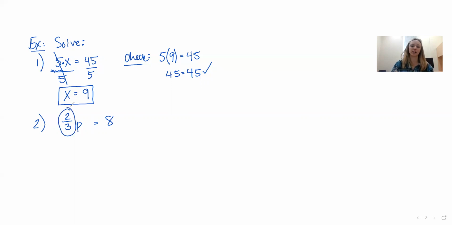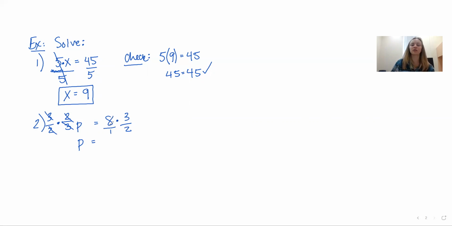So anytime you have a single fraction like this, to get rid of it we want to multiply by the reciprocal. We'll see somewhere you have a bunch of fractions, and that'll be a little different. So I'm going to go ahead and multiply both sides by the reciprocal, so flipping the fraction. That's 3/2. Same thing on the right. And then I can cancel out those 3's, cancel out the 2's, so we're left with p equals, now I'm going to change this 8 to an 8/1 so I can multiply.